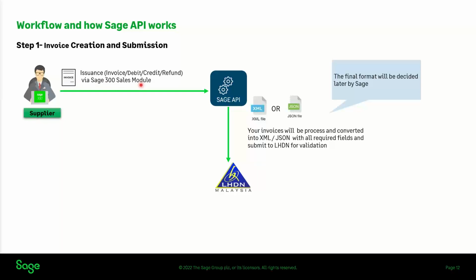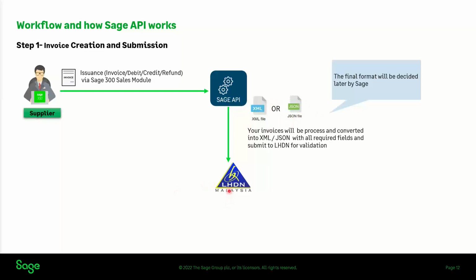Once you have created your invoice in Sage 300 and your invoice has been posted, when you click on submit to LHDN, Sage API will convert your invoice into an XML or JSON file. You don't have to worry about this because, as I mentioned earlier, only these 2 formats are accepted by LHDN.